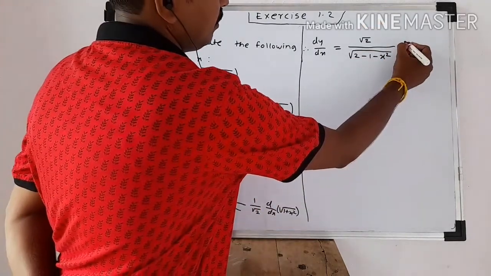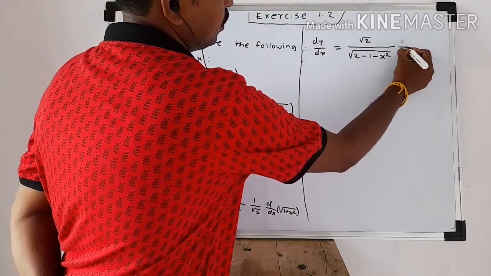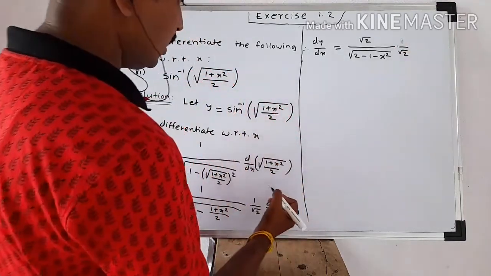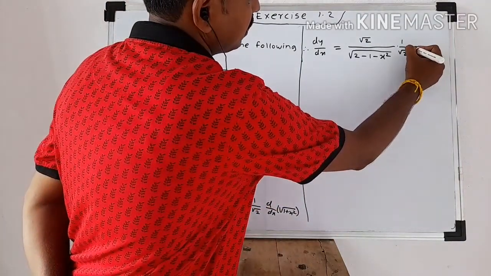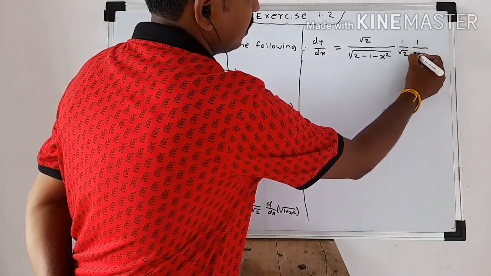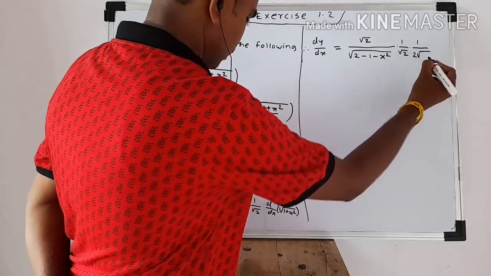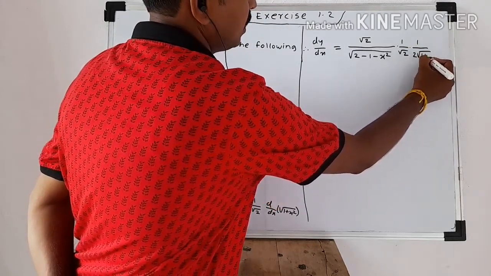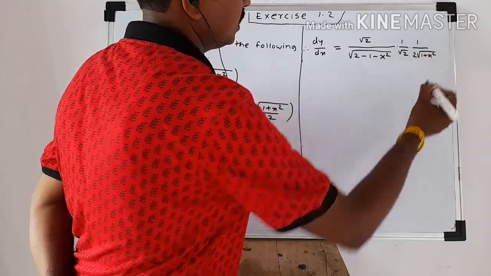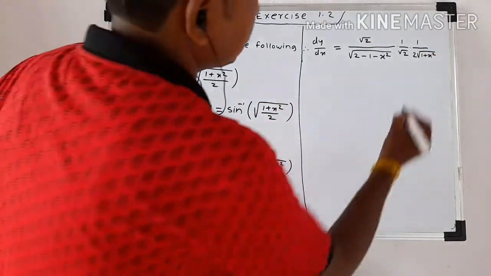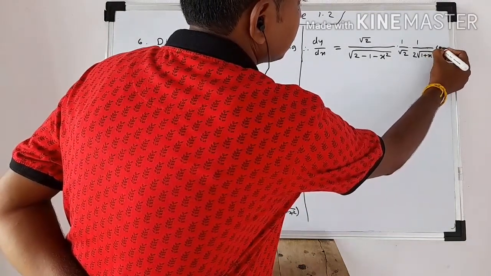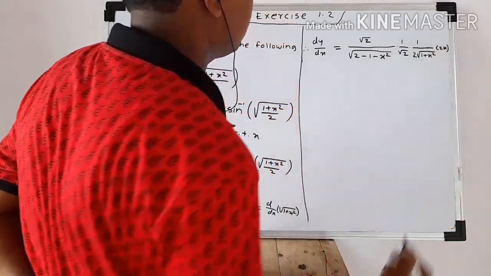Now 1 divided by root 2 stays as it is. Now the derivative of root f of x, we have to use the formula here, and the answer will again be 1 divided by 2 into the expression in root sign, 1 plus x square. Again the derivative of the expression in root sign is 2x. Therefore our next term will be 2x.